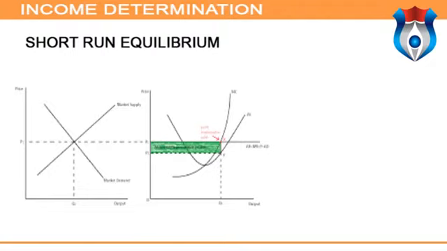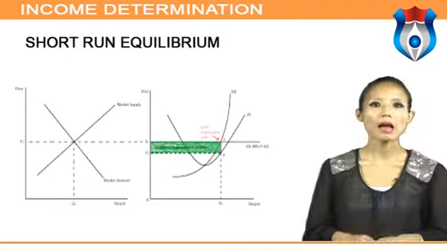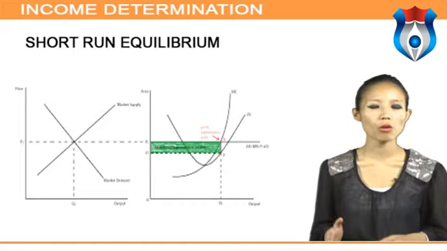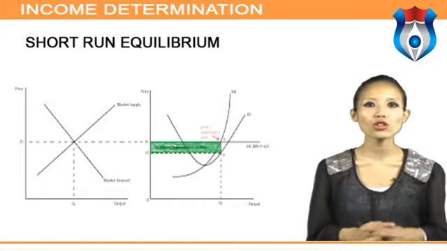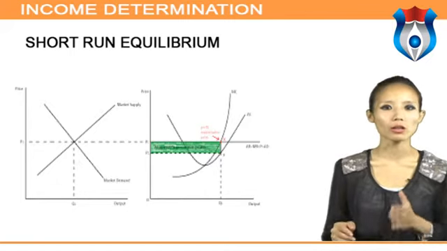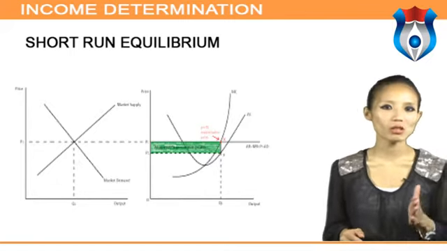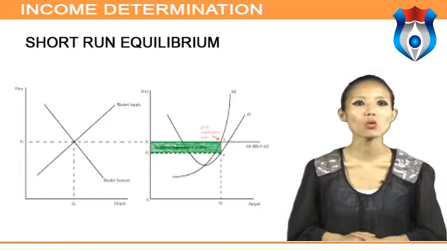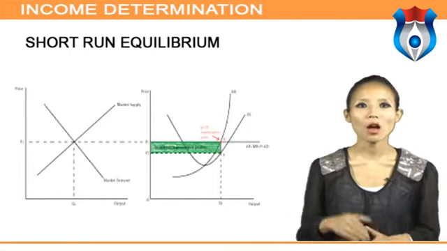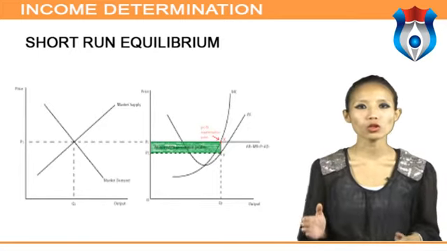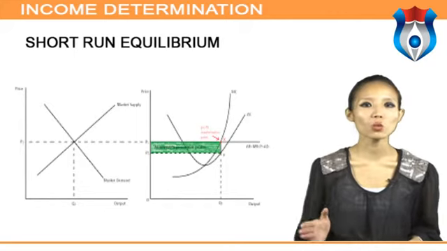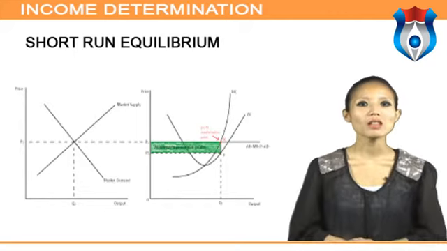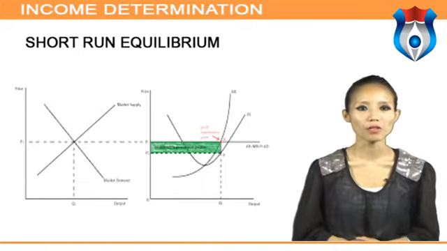Similarly, the total cost of producing this output is TC, equal to output into average cost, equal to OQ1 into Q1C1, equal to OQ1C1R1. Therefore, profit is equal to TR minus TC, equal to OQ1E1P minus OQ1C1R1, equal to R1C1E1P. This is the supernormal profit of the firm.